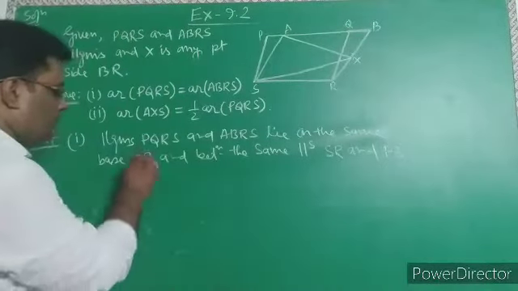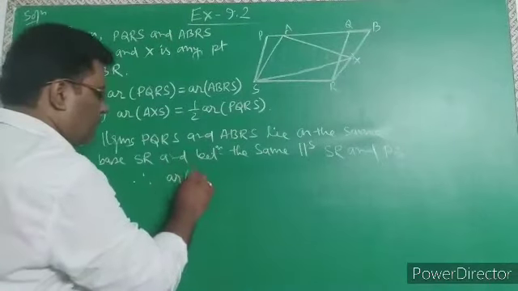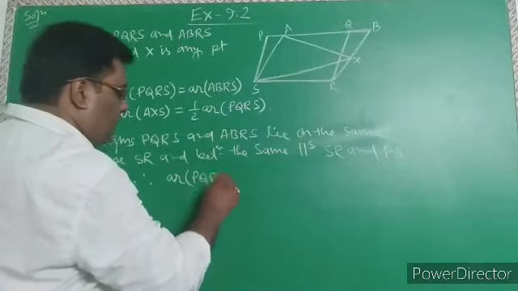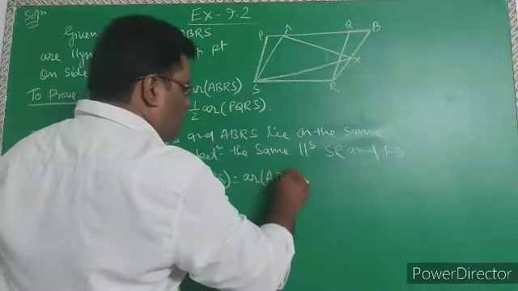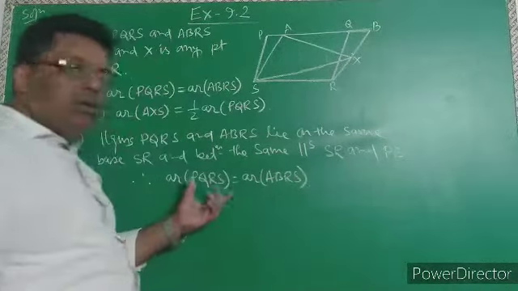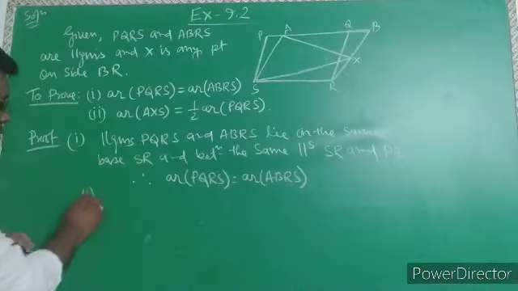Therefore, by the theorem, area of PQRS is equal to area of ABRS. So this is the proof only. Easy. Next, for number 2, AXS.